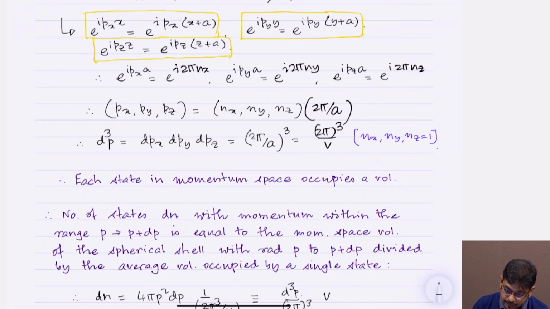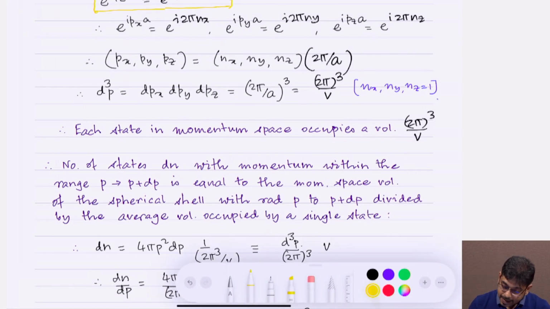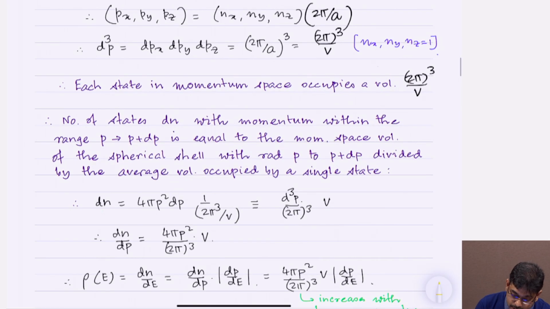So, this says a very important statement: each state in momentum space basically occupies a volume of (2 pi) whole cube by V.